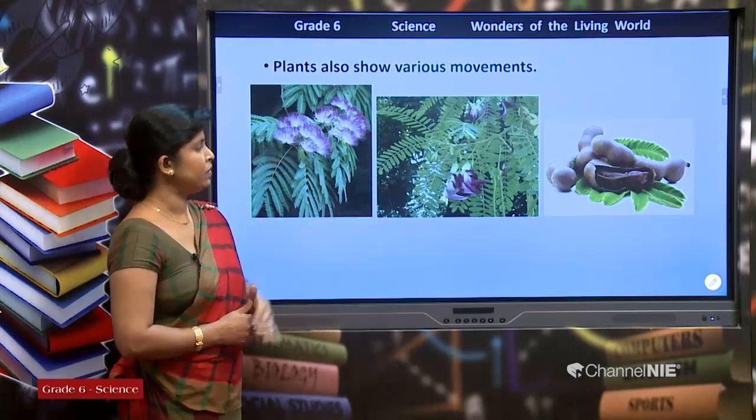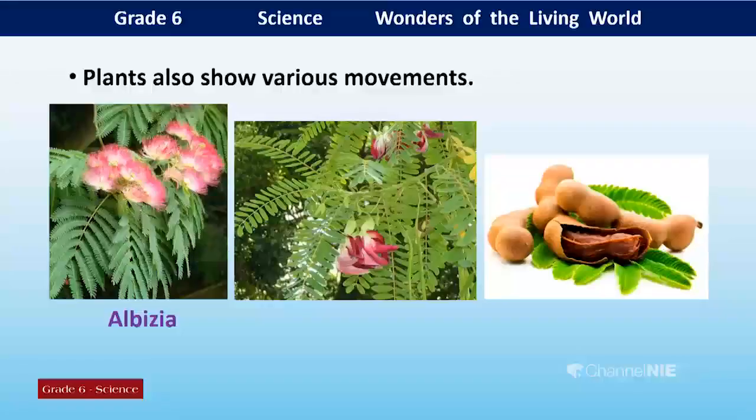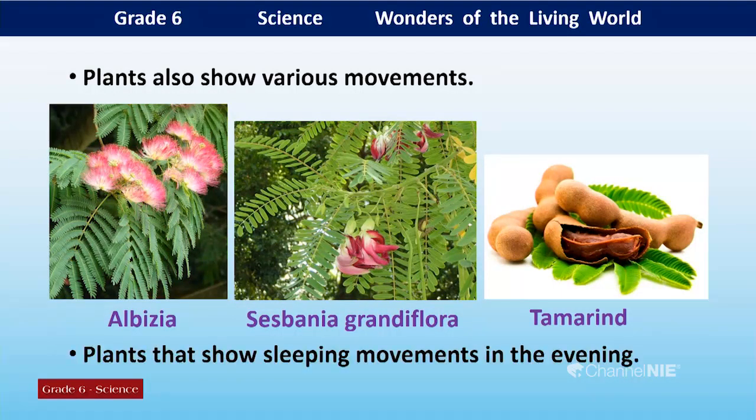I have given you 3 varieties of plants: Albizia, then Sesbania grandiflora, it is known as Kathurumurunga in our common usage, and Tamarind. There are 3 plant varieties. The speciality regarding these 3 plant varieties is they show sleeping movements in the evening, right.